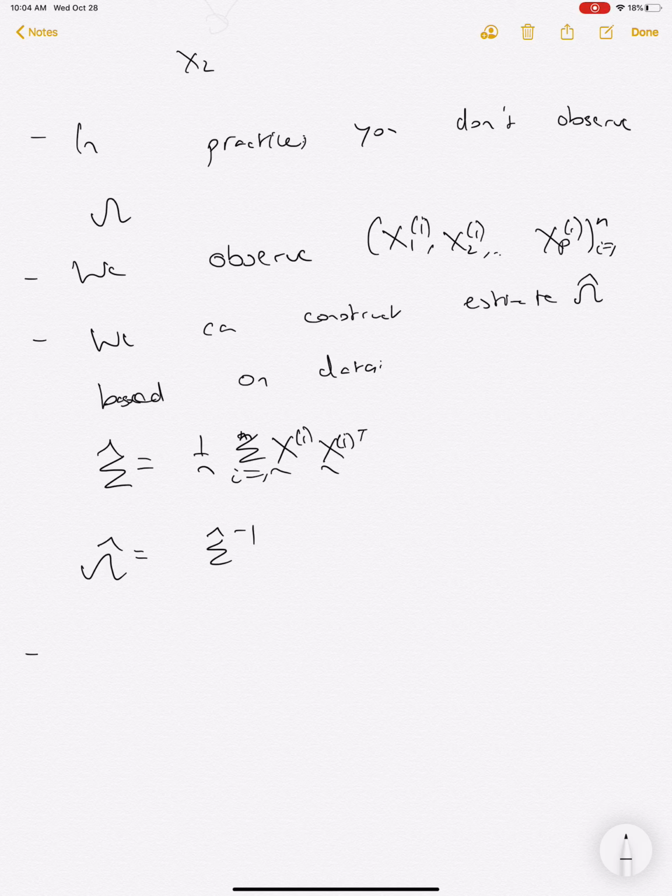So omega hat jk will never be zero unless you force it.